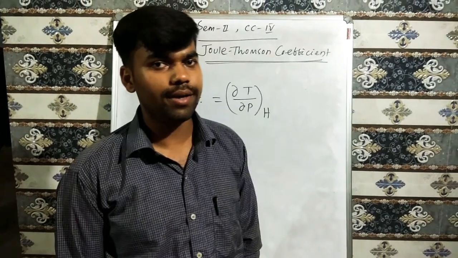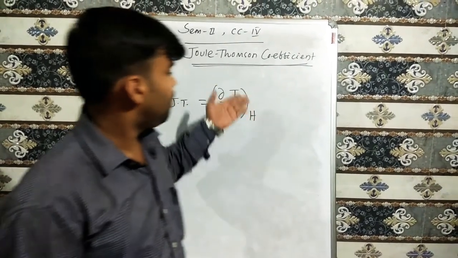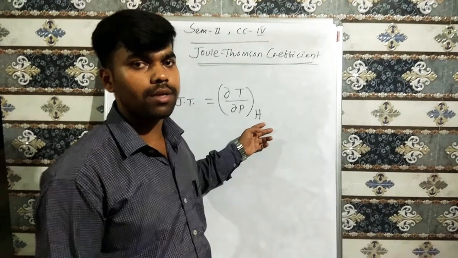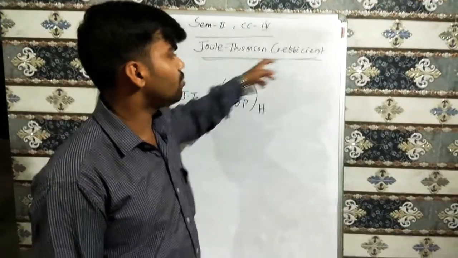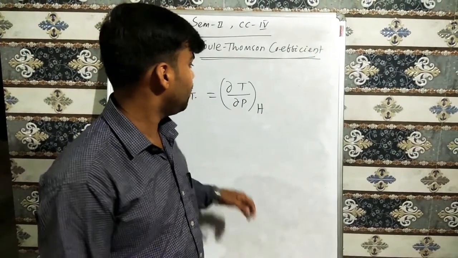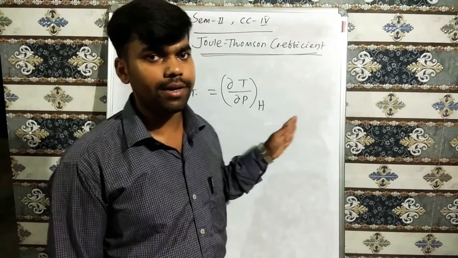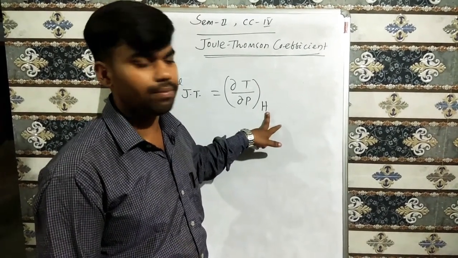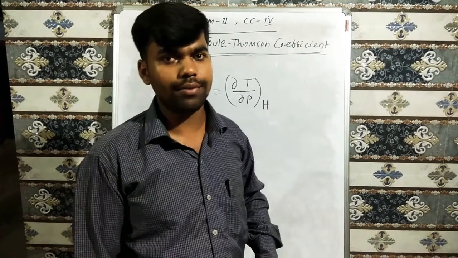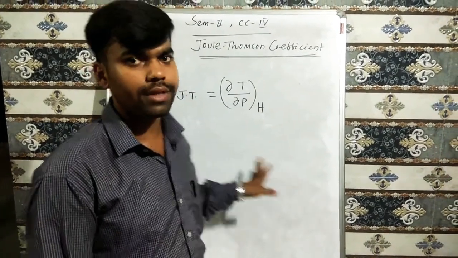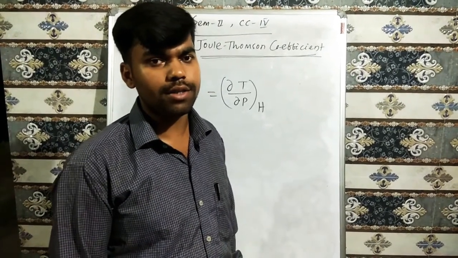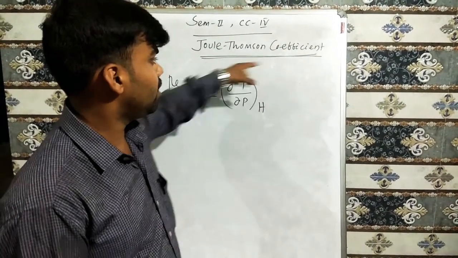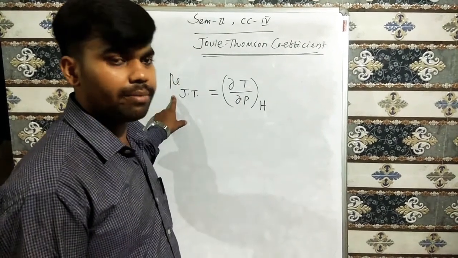The Joule-Thomson coefficient is defined as the rate of change of temperature with respect to pressure at constant enthalpy during the Joule-Thomson expansion of a gas. Again, I am repeating: the Joule-Thomson coefficient is defined as the rate of change of temperature with respect to pressure at constant enthalpy during the Joule-Thomson expansion of a gas. The Joule-Thomson coefficient is represented by mu J(T).